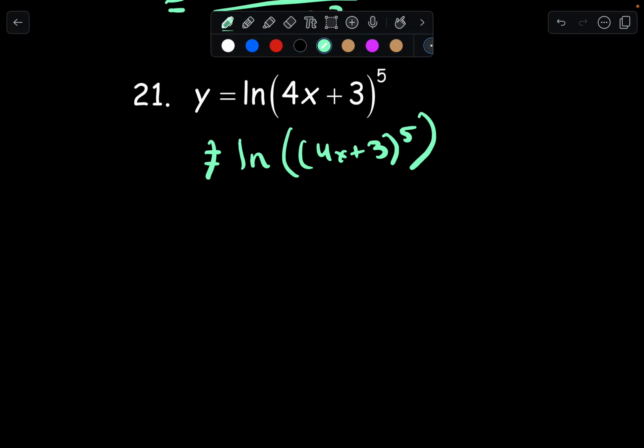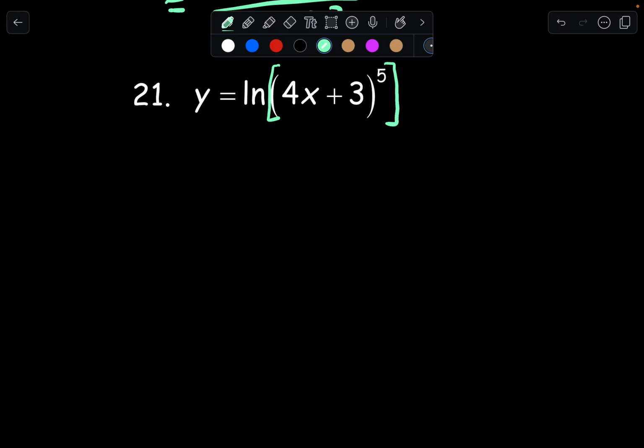See, this notation's confusing. Okay, so when we get to assessments, I'll make sure that this is more clear. There should be a parentheses out here showing that the power of 5 is part of the inside of the log. What I meant to write was that these are not equivalent. Let me fix this. These are not equivalent.